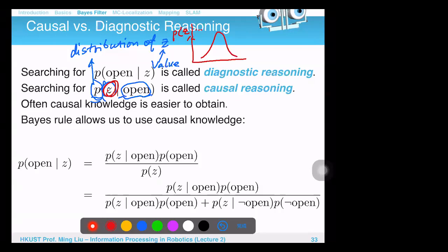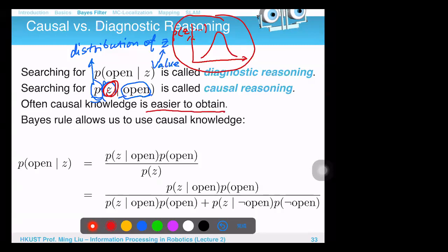So finally, for example, you have a continuous function. Right? This is not only the probability, this is a complete picture. This is the P of Z. Okay, just pay more attention to this. Often this causal knowledge is easier to obtain.